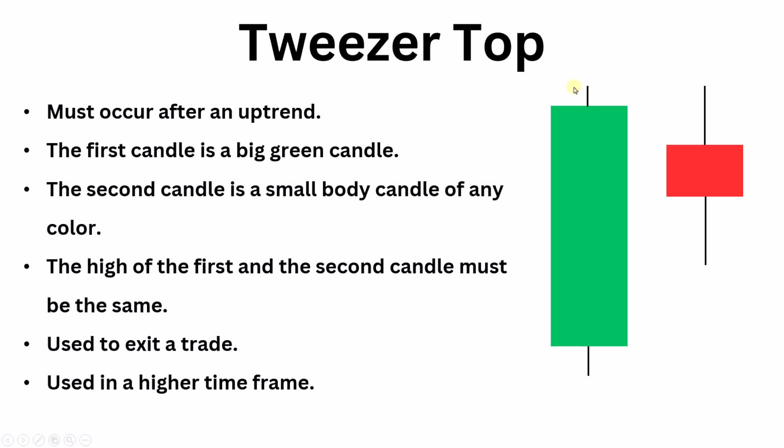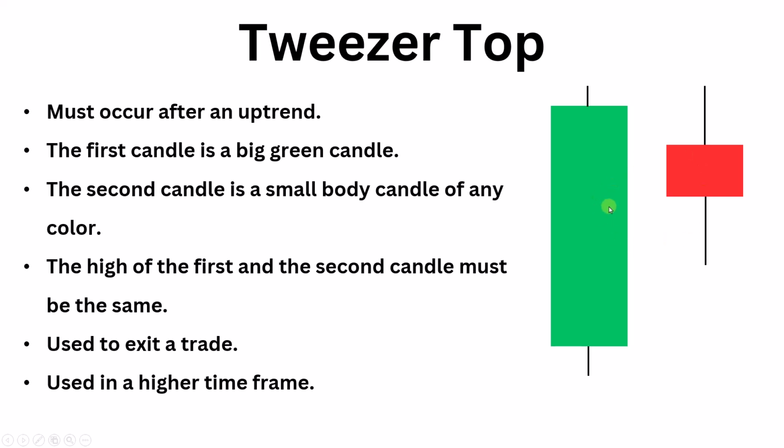So let us say this level is 1000 rupees. This must also be at 1000 rupees. If that is the case, then we consider this as tweezer top. Okay, the high of both the candles must be the same. Alright, now we do not use this tweezer top to enter a trade.